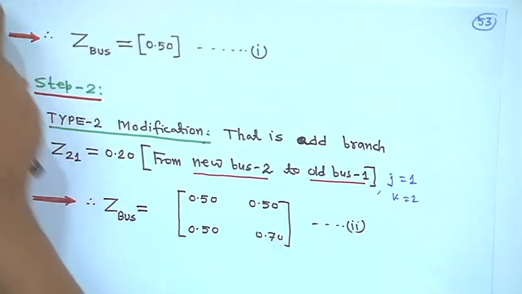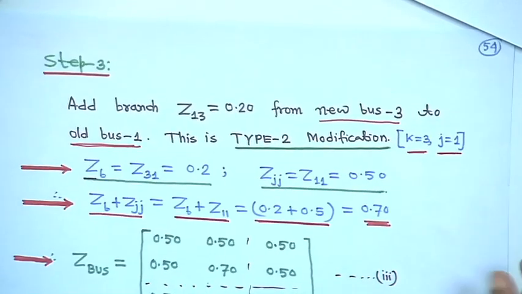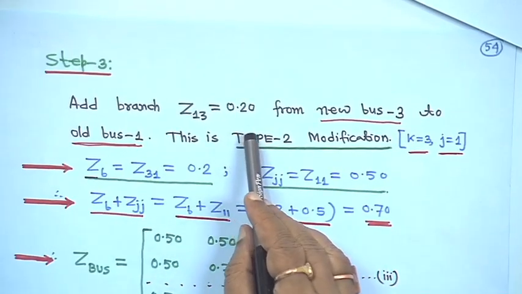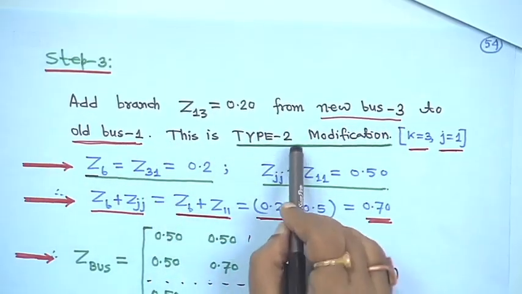Next is step 3. In this case, add branch Z13 from new bus 3 to old bus 1. This is also type 2 modification.